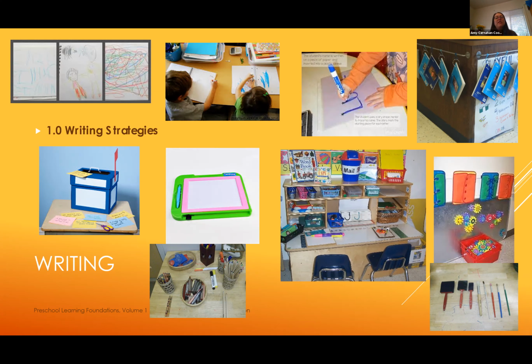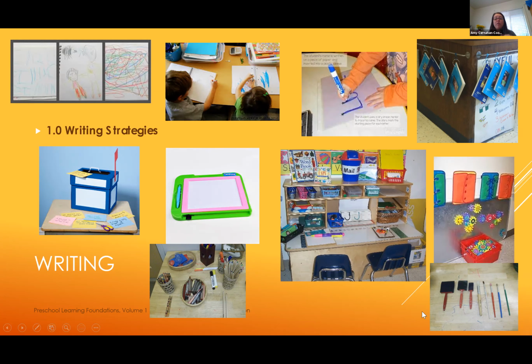So when somebody comes in and says, well, why do you guys do beading, or why do you have these dressing boards and so on, what is the point? You want to be able to say it's an emergent writing skill. You'll see some different images here as well, using different materials for painting at the art easel.